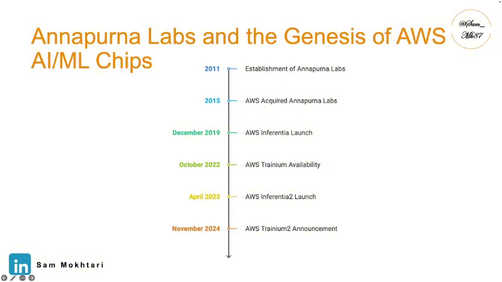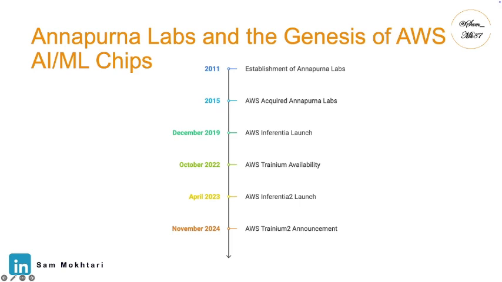In 2019, AWS introduced Inferentia, which was in September 2019. The first generation of the Inferentia chip was designed to accelerate ML inference workloads. It powers Amazon EC2 Inf1 instances, delivering up to 2.3 times higher throughput and also up to 70% lower cost per inference compared to comparable EC2 instances.